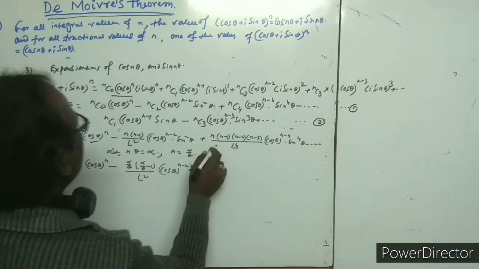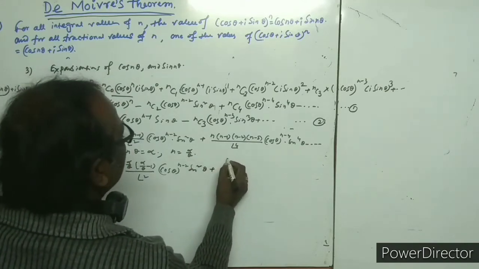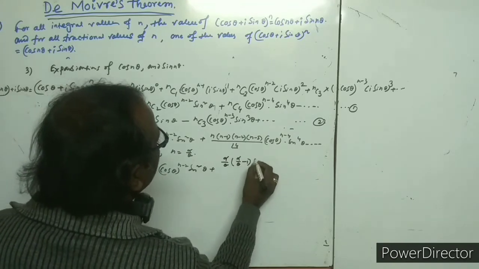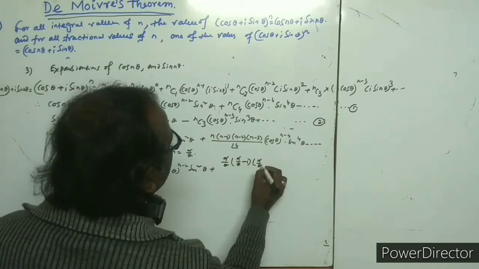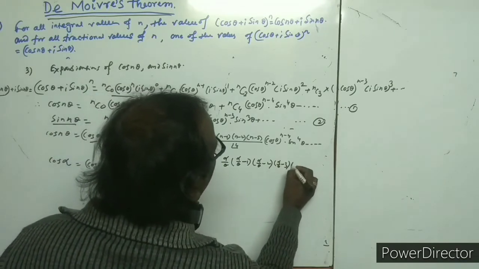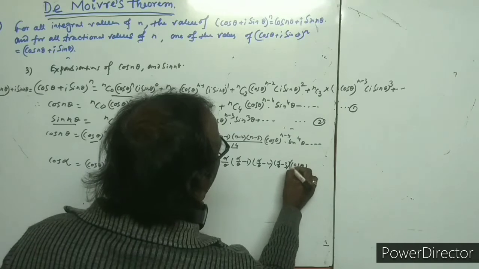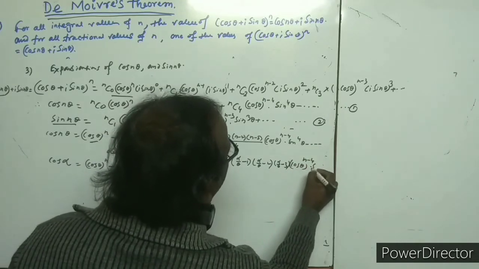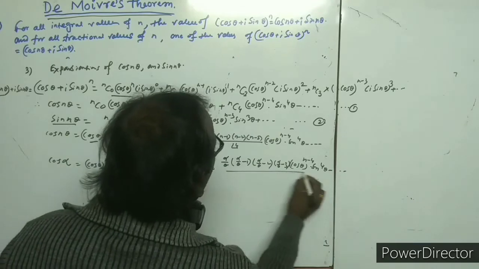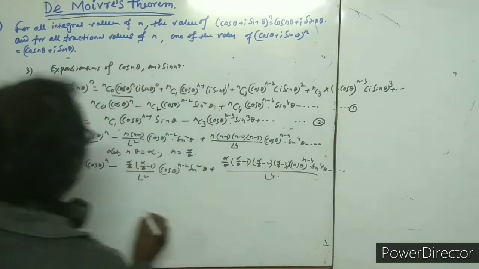For nC4, that is alpha by theta, minus 1, alpha by theta minus 2, alpha by theta minus 3, cos theta to the power n minus 4 sin to the power 4 theta, and this divided by factorial 4 here.